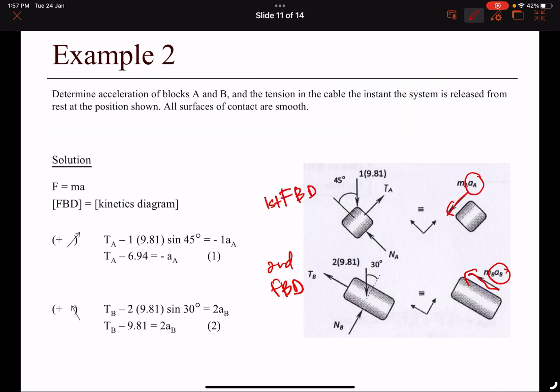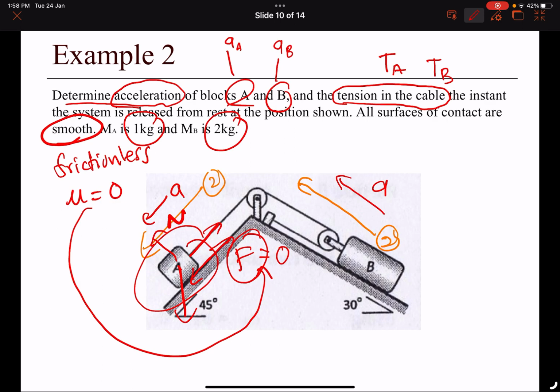That's why in our FBD there is no friction force. We only have a normal force. Once you have this FBD, you can solve it. And of course, you have to determine the axis. Let me erase this one first.